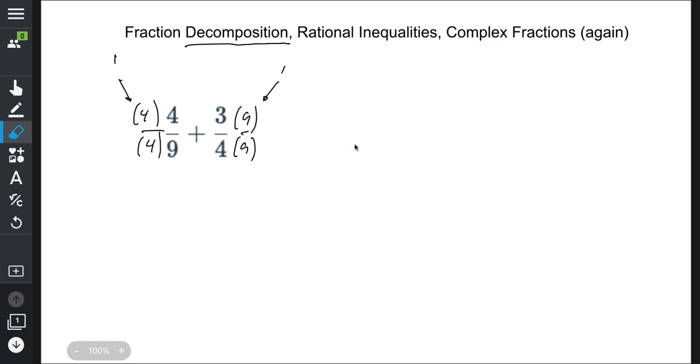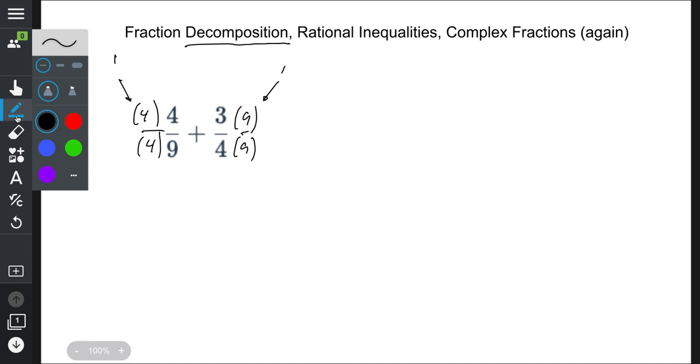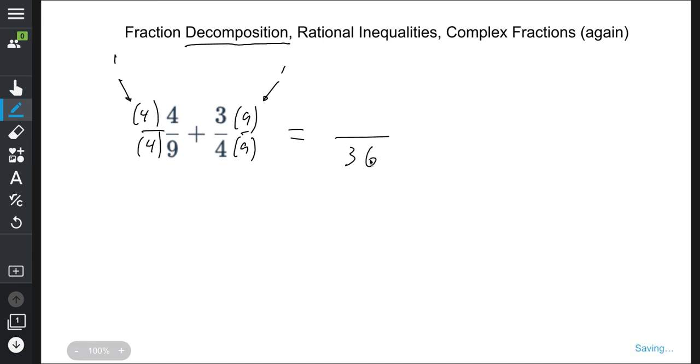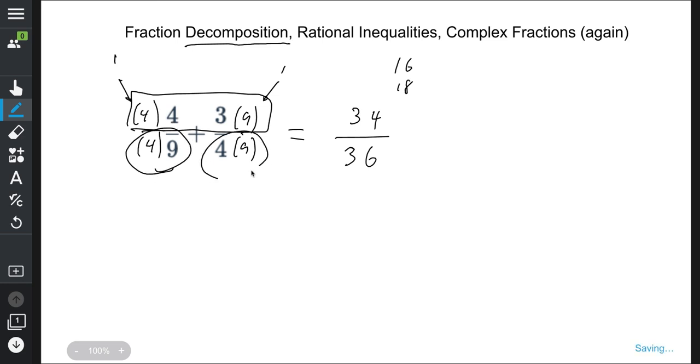So once we do that, we're able to add the numerators. That's 16 plus 18. 16 plus 18 would be 34. Main point being, common denominators before adding or subtracting fractions.